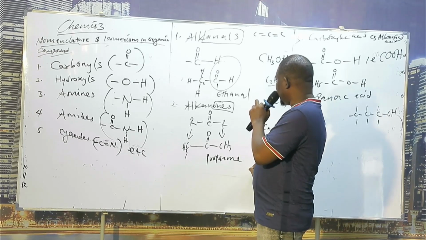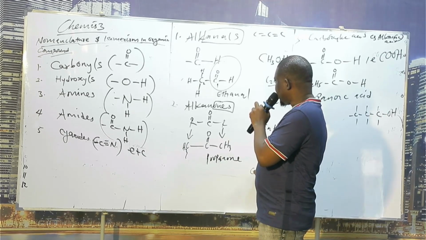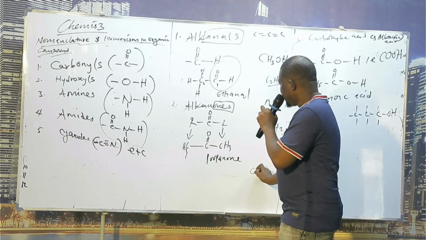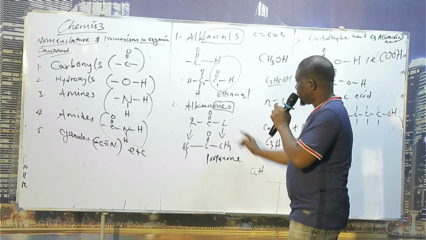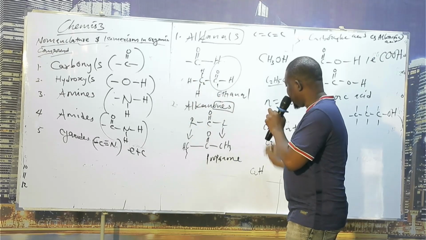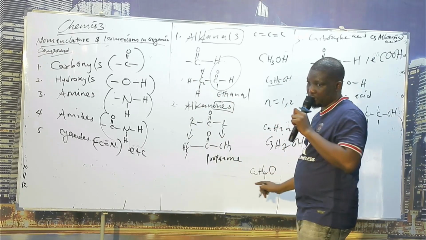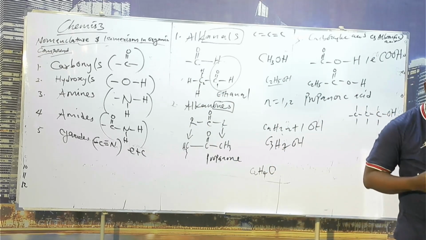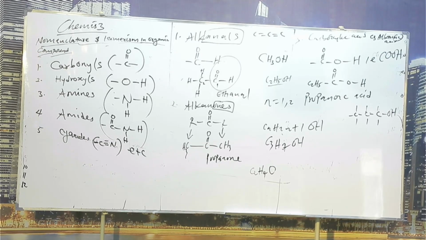Okay. C. What's this? C2H4O. That's the molecular formula. Exactly. What's some formula like this? I'm going to know ethanol.